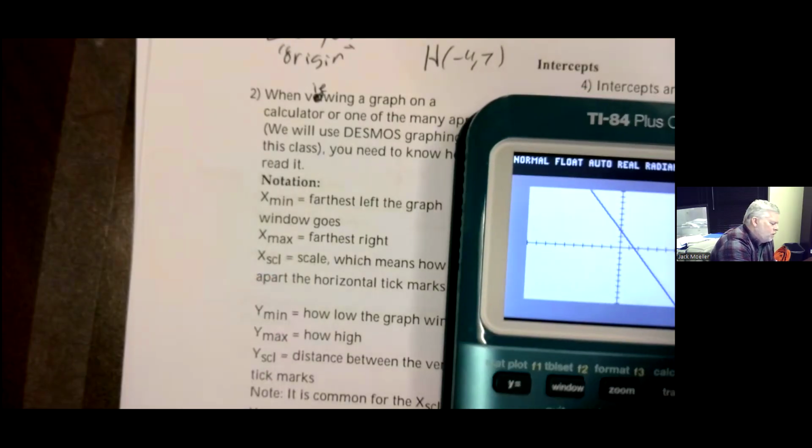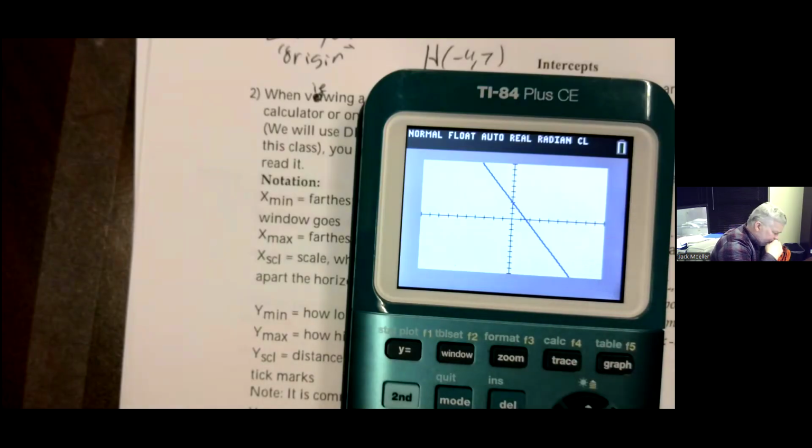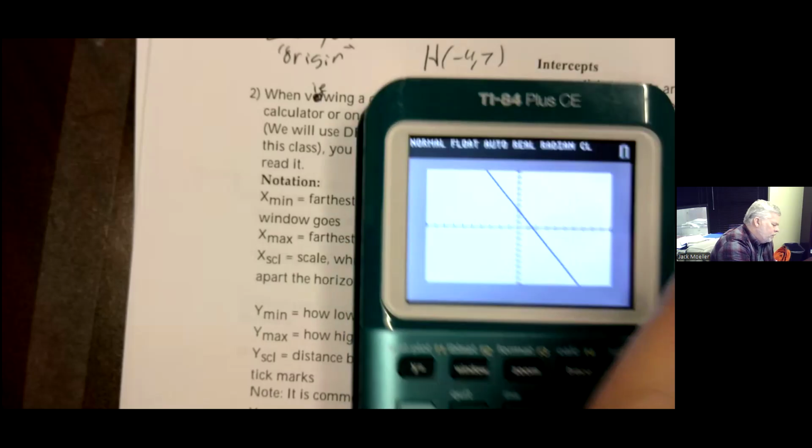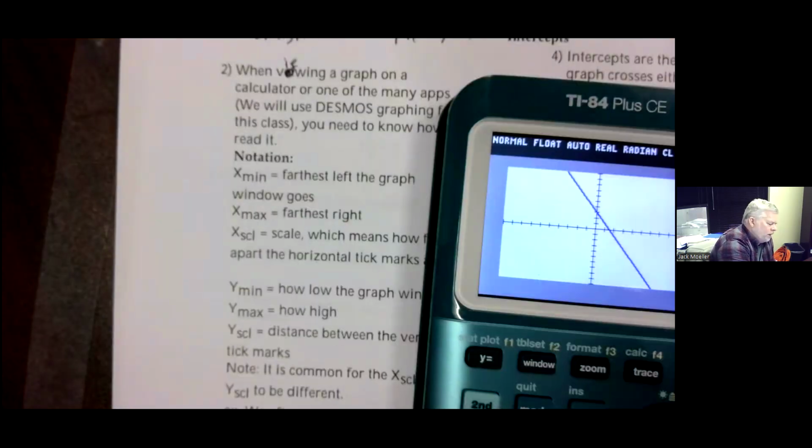SCL, the scale is the distance between the tick marks. Right, so most of the time in X we're going to be counting by ones, but we don't have to be. And very often, when we get down to the Y's, again, the Y min is the lowest value, the Y max is the highest, the Y scale is the difference in the tick marks in the Y direction.